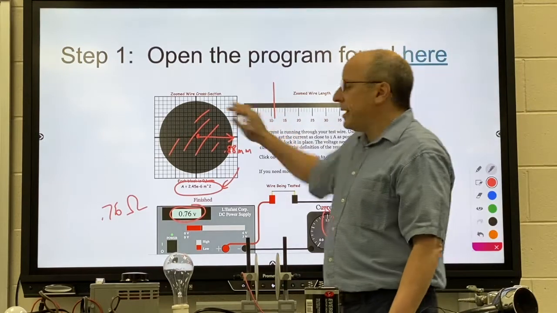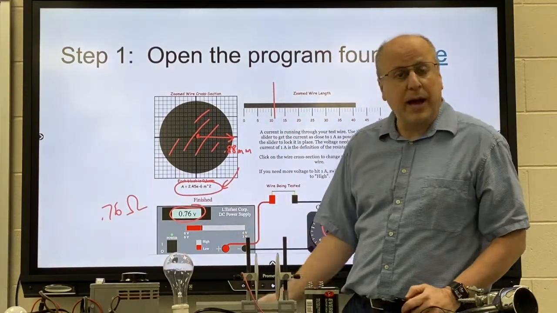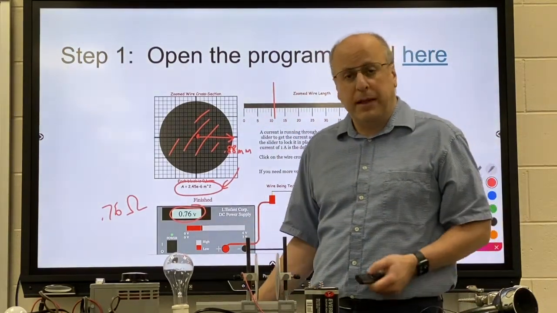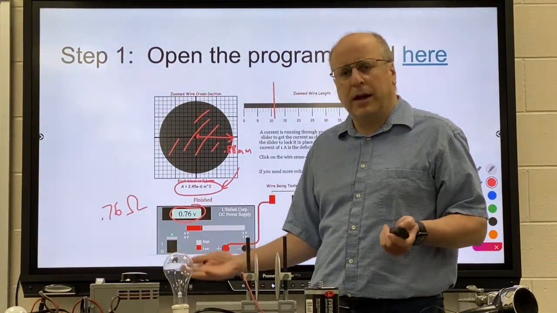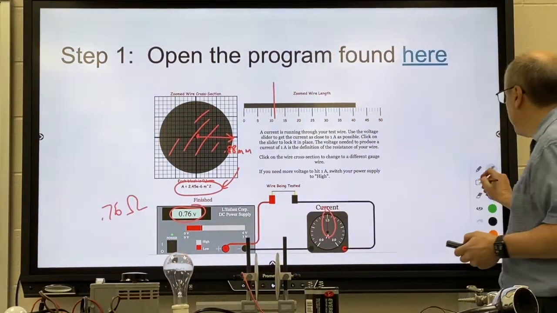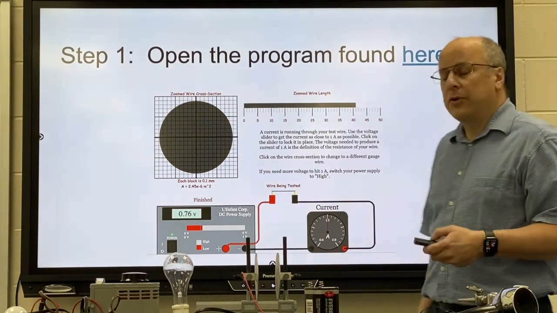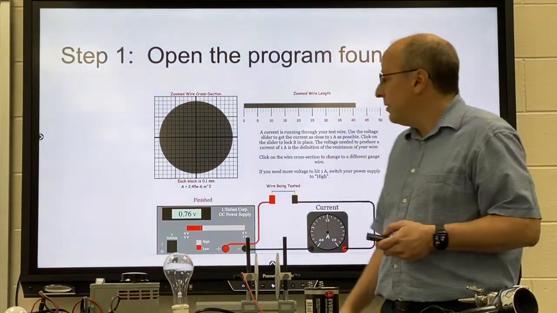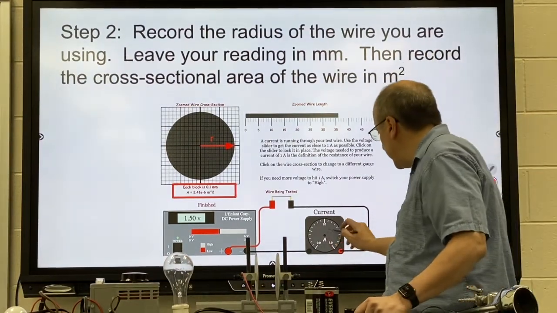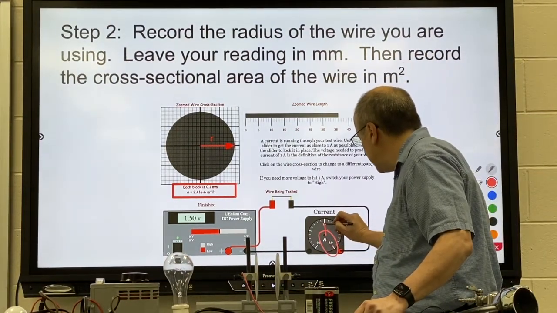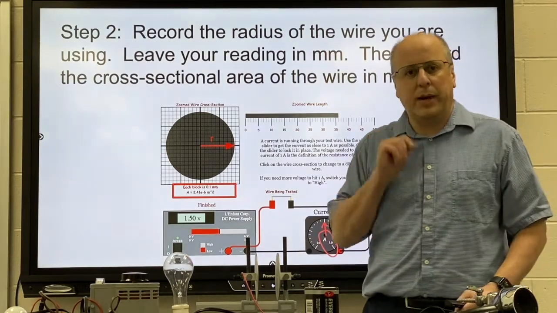So you just click and change the thickness of the wire over and over again, maybe 6 or 8 times, whatever number of spaces I put on your lab sheet, and you'll get a nice sampling of data. Again, for each one of these, you adjust this until the needle is pointing to exactly 1 amp.